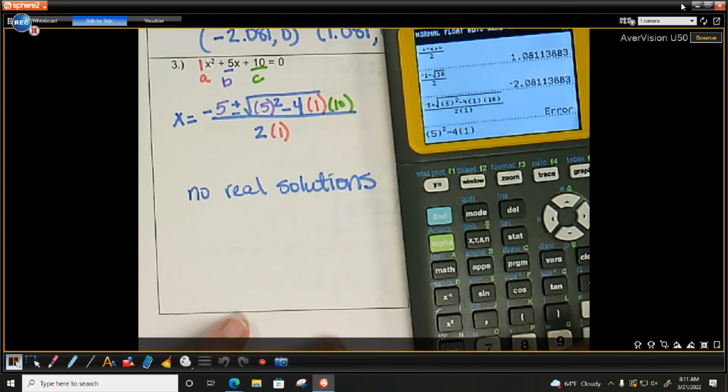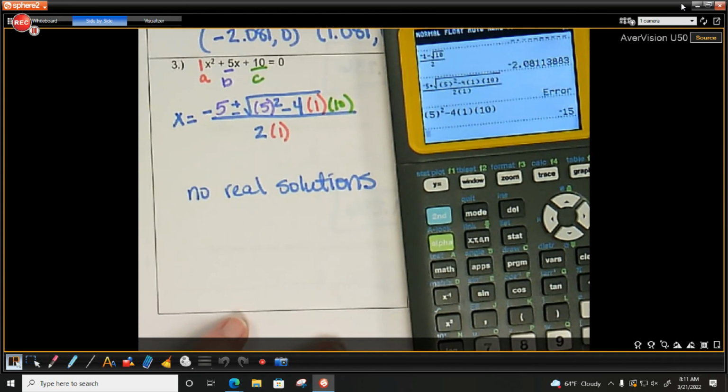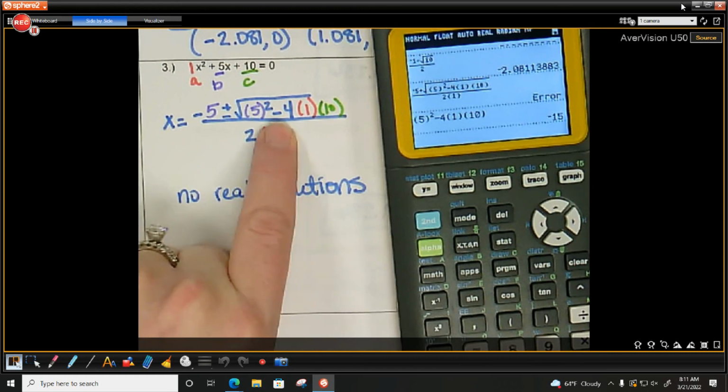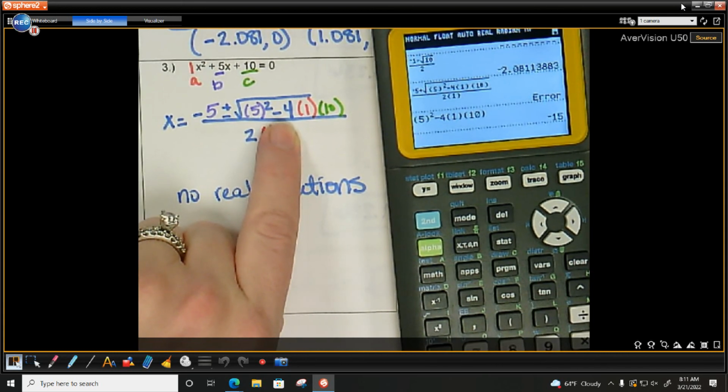If I type the discriminant in, which is the portion under the radical, you get, if your discriminant is negative, you have no real solutions. Okay, because you can't square root a negative.